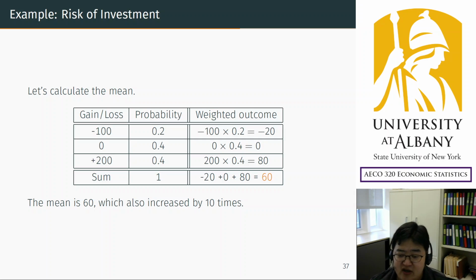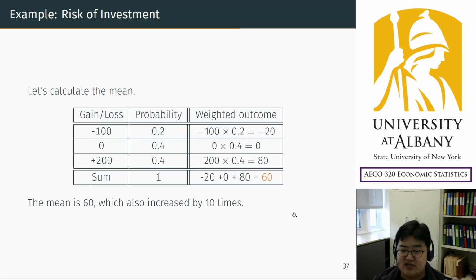Now, everything is multiplied by 10, so the mean is also multiplied by 10. And remember, multiplying by 10 is a linear transformation, so the mean also preserves the same linear relationship. So the mean is also inflated by 10 times.